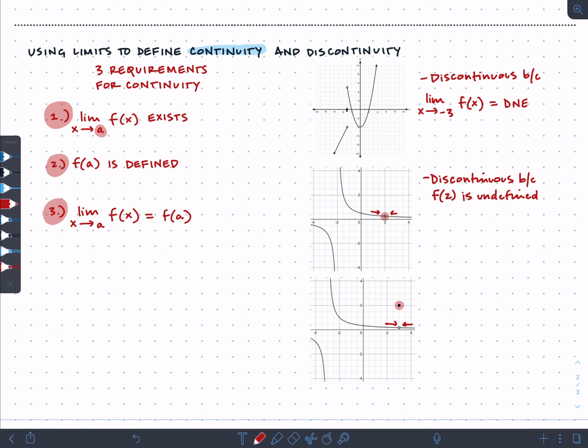So we can say that this is discontinuous because the limit as x approaches a of f of x does not equal f of a.